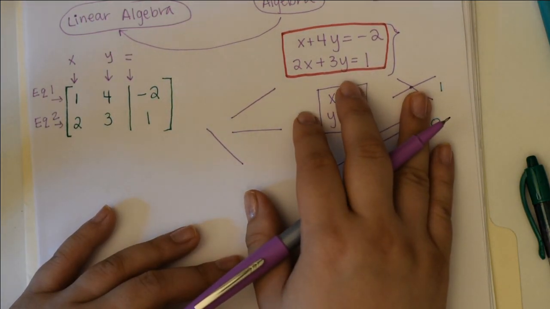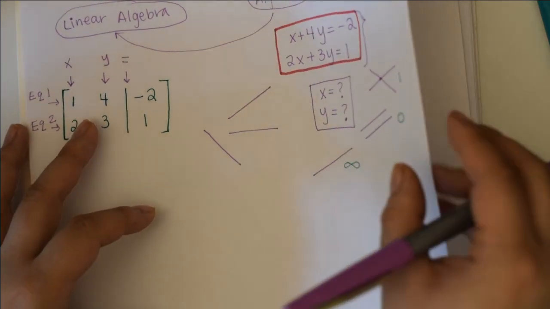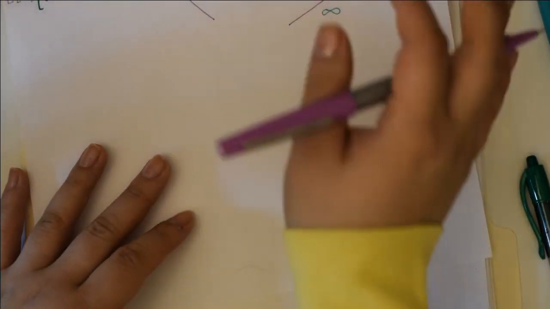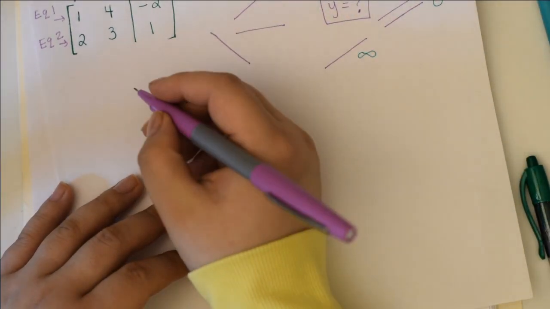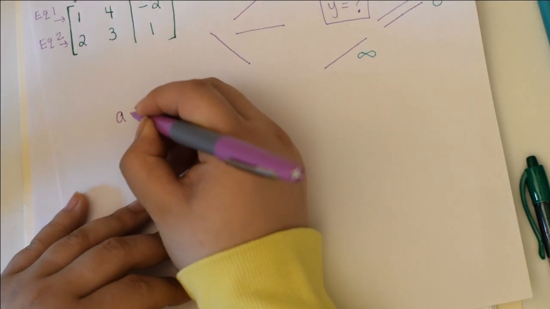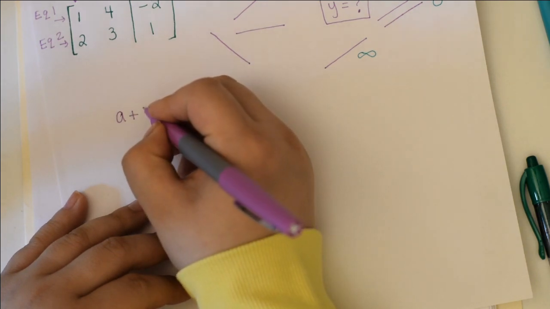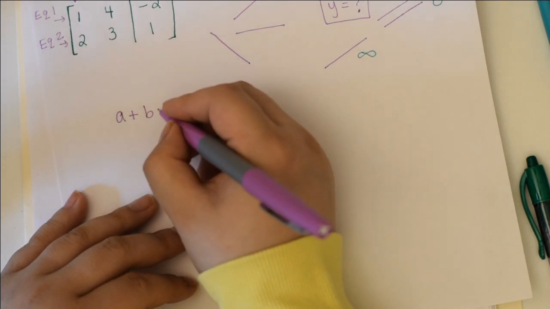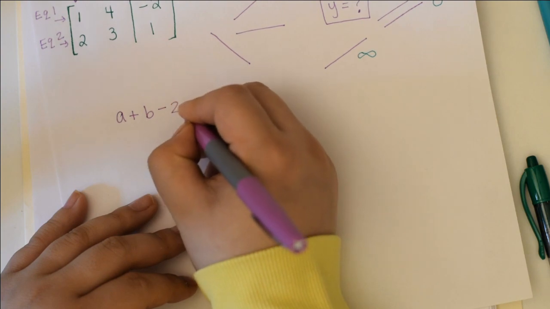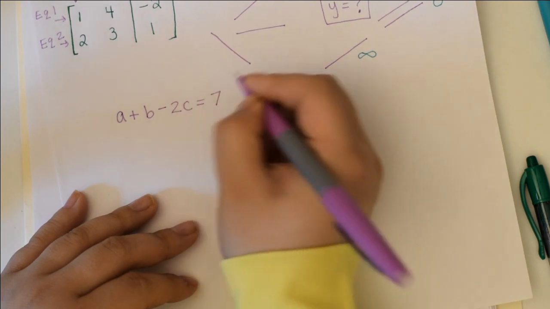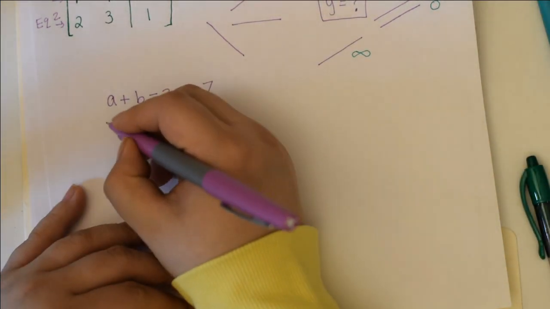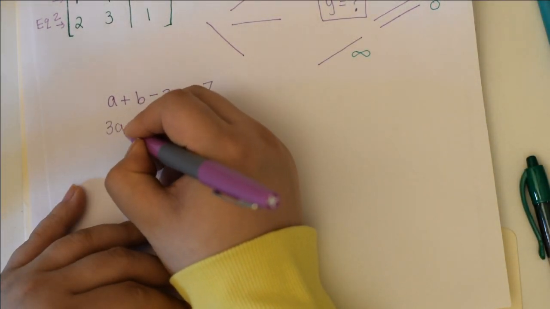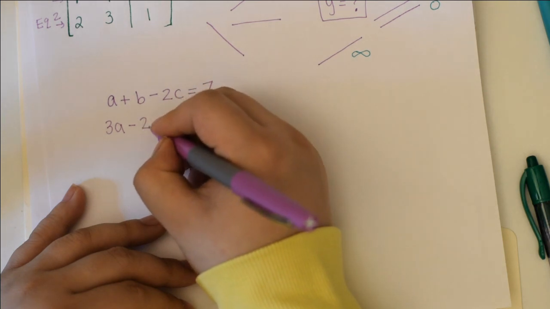If we have lots and lots of variables, let's just do a 3 by 3 case. I don't know if the numbers are actually going to work out for this. Let's say we have a plus b minus 2c equals 7. And then we have 3a minus 2b equals -2.